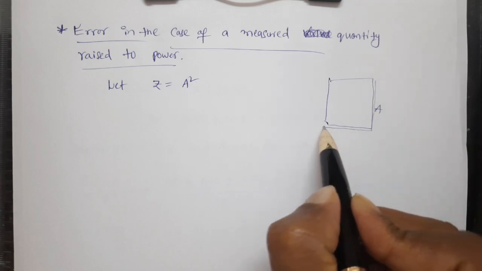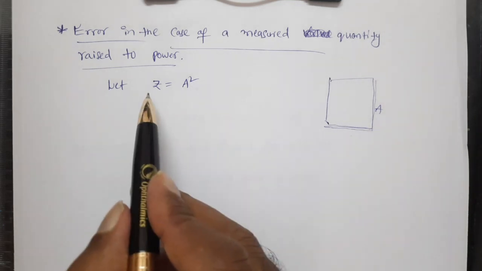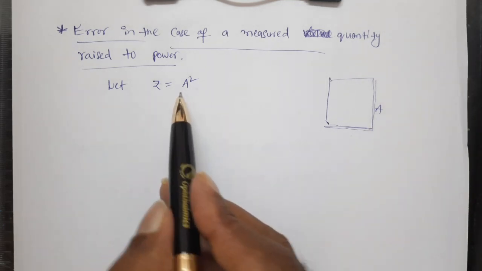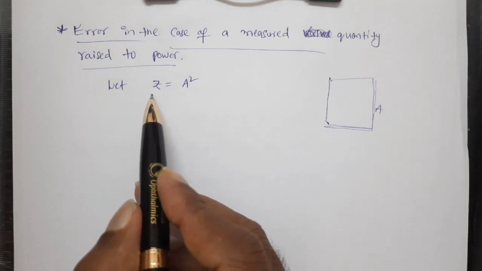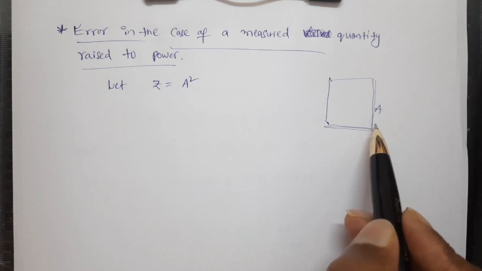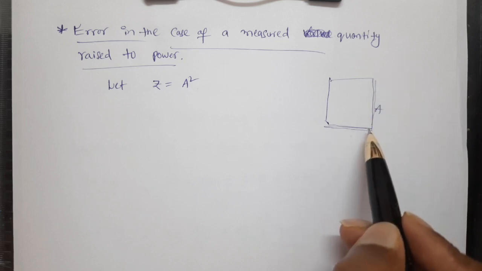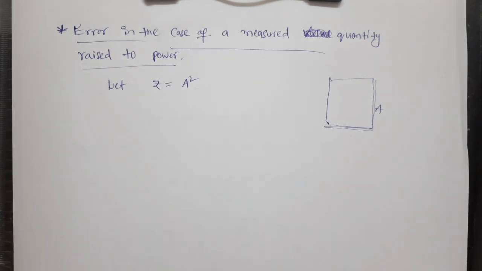Then the area is a into a, a square. Let us assume a is the length of the side and z is the area. Whenever we measure length, we get some error, so whenever there is error in length, there will be error in area also. Now let us find the error in the area.